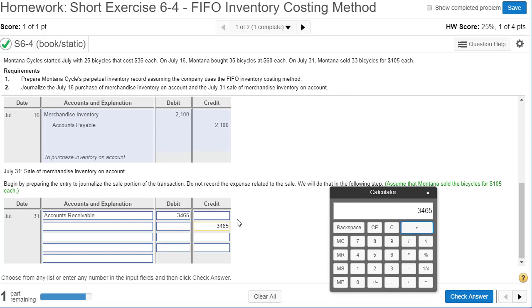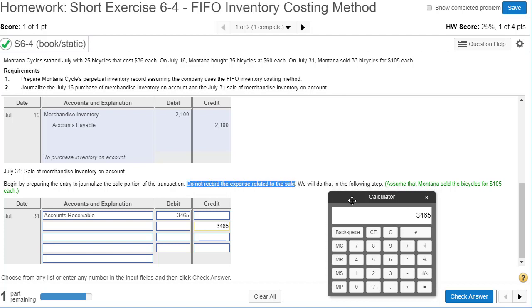Now, what is the credit going to be? So don't forget our directions up here. It says we're going to record the sale portion of the transaction. Do not record the expense related to the sale. So whenever we sell inventory or any type of merchandise, which I guess is inventory, the first part of the transaction is going to be either cash or AR and then sales revenue.